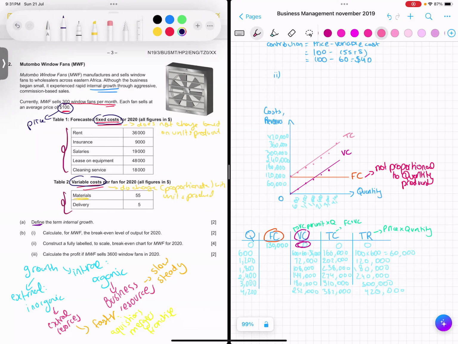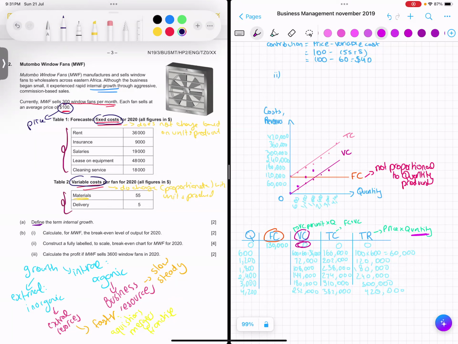And then lastly, we have total revenue. Total revenue, we're gonna do it in a purple shade. Total revenue begins from zero because again, quantity can be zero sometimes. So then we start at 60,000, which is right here. We continue at 120,000, which is right here. We continue at 180,000, right here.